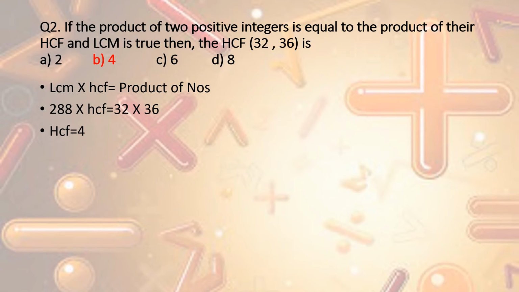As we have already calculated LCM in question number 1, we don't have anything important left to be calculated. As we know, LCM into HCF is directly the product of numbers. So LCM can be put as 288 into HCF equal to 32 into 36. On solving, we are going to get HCF is equal to 4.